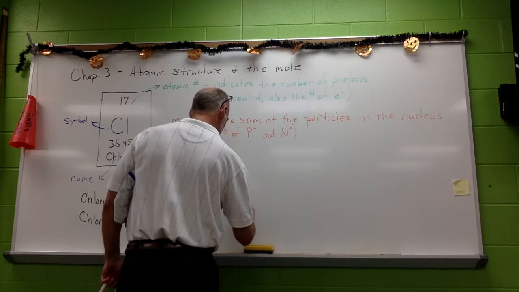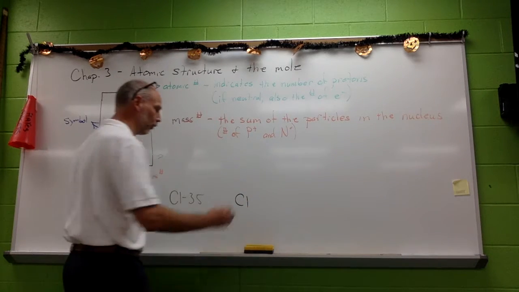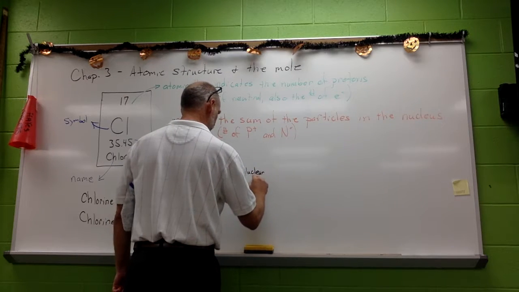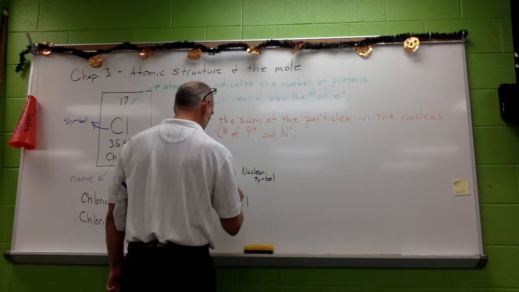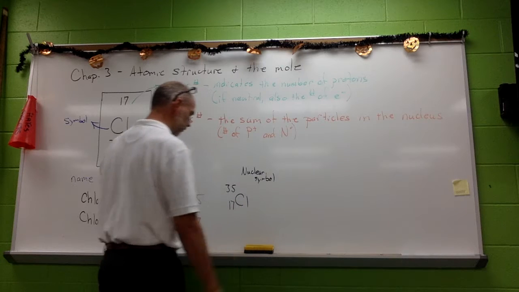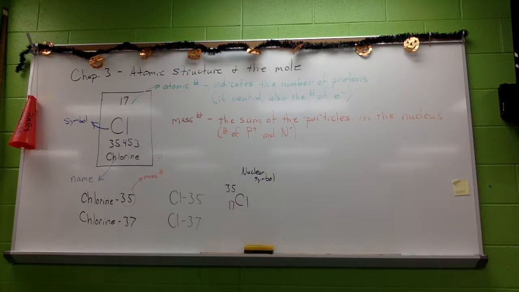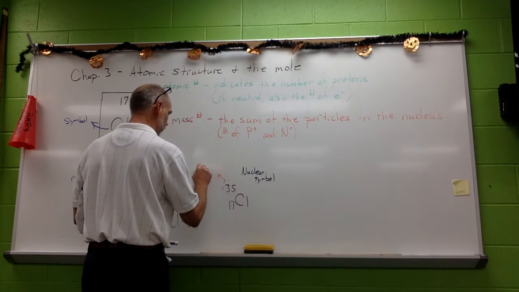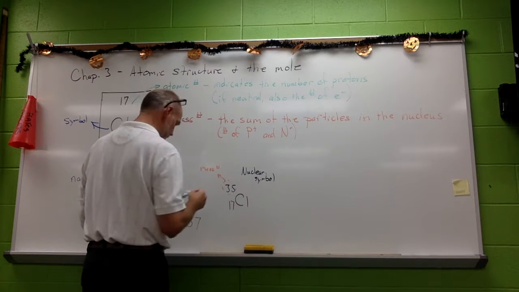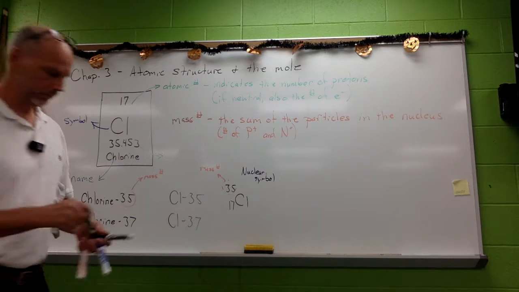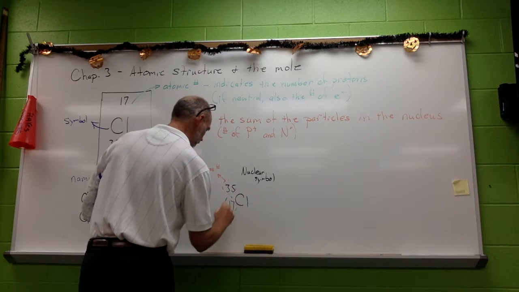Or, this is what we call a nuclear symbol, by the way. We can do it like that. So obviously the upper left-hand corner represents the mass number, where the bottom left-hand corner represents the atomic number.